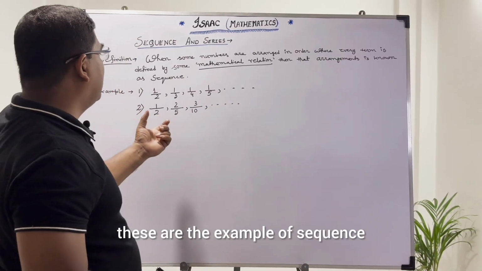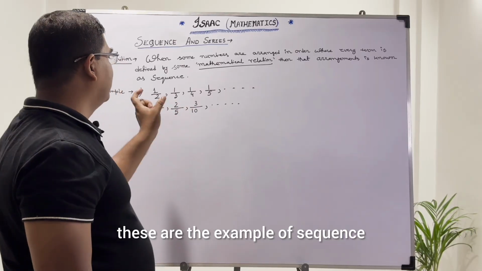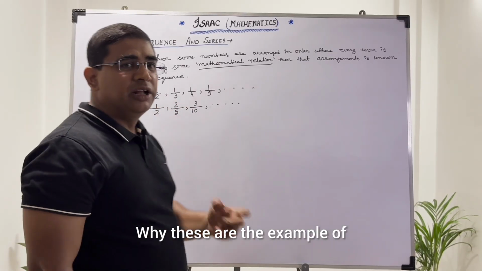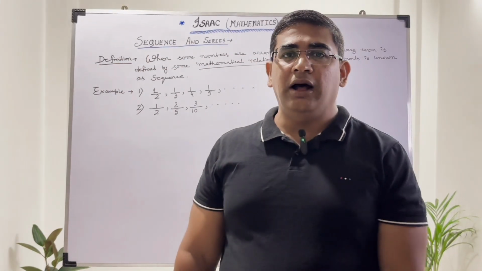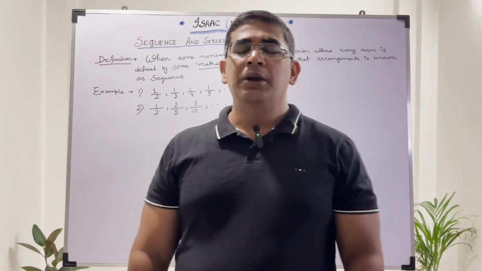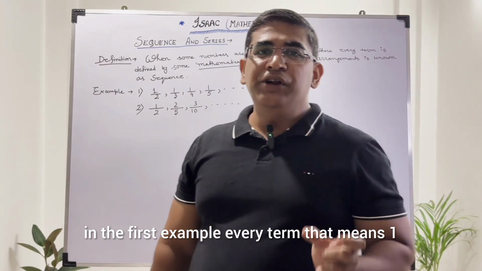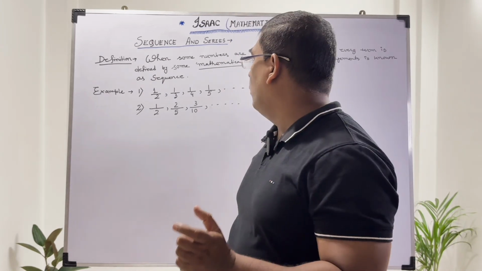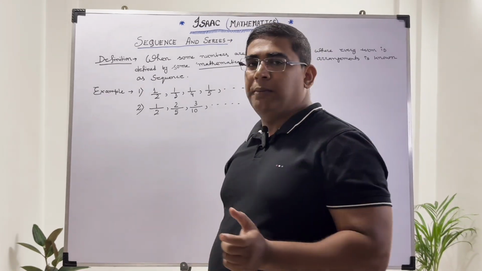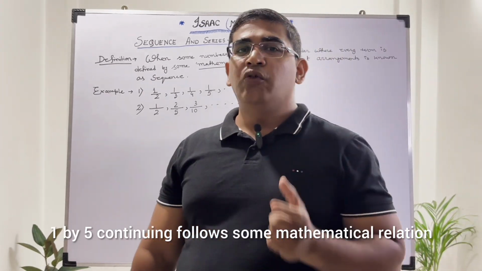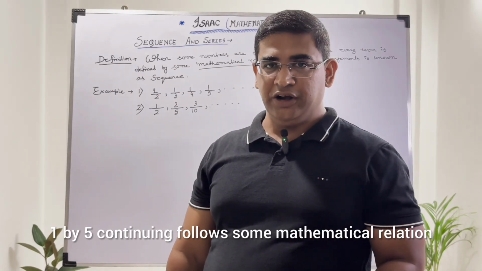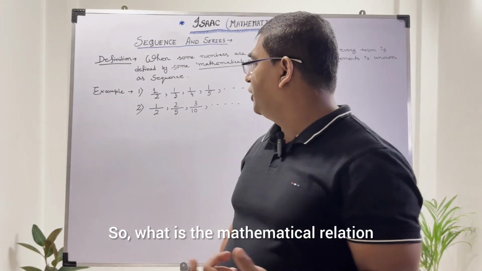So these are examples of sequences. Why are these examples of sequences? Because in the first example, every term, that means 1/2, 1/3, 1/4, 1/5, continuing, follows some mathematical relation. So what is the mathematical relation?